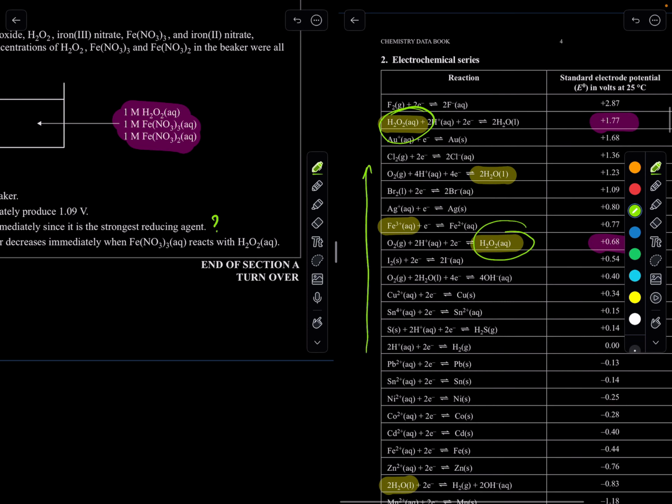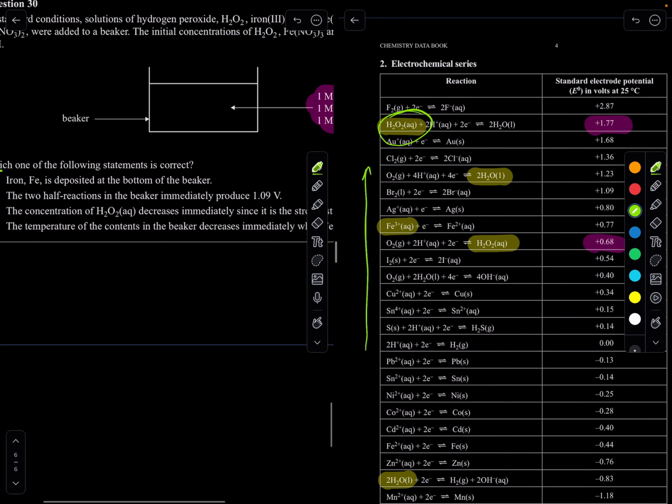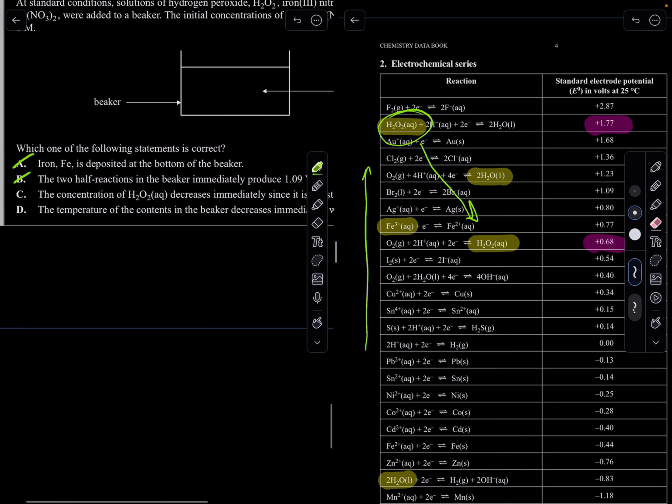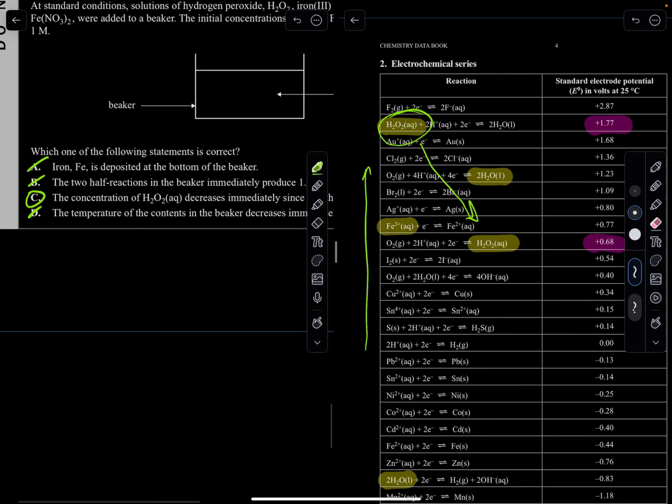Still the same reaction. So there's nothing changed. So the temperature of the contents of the beaker decreases? Nope, they don't decrease. They increase. Remember, it's an exothermic reaction. It's going to be a spontaneous reaction between H2O2 and H2O2, hydrogen peroxide. So the temperature of the contents in the beaker is going to increase. That's wrong.